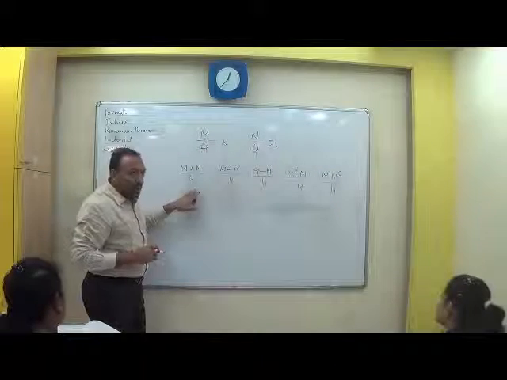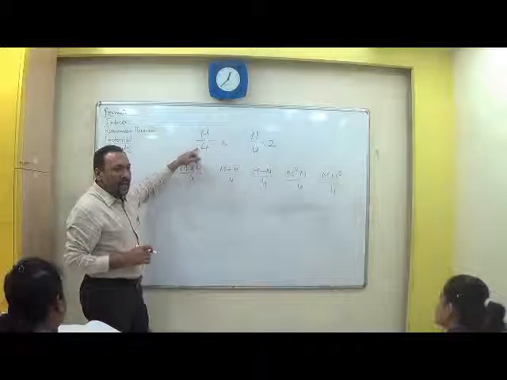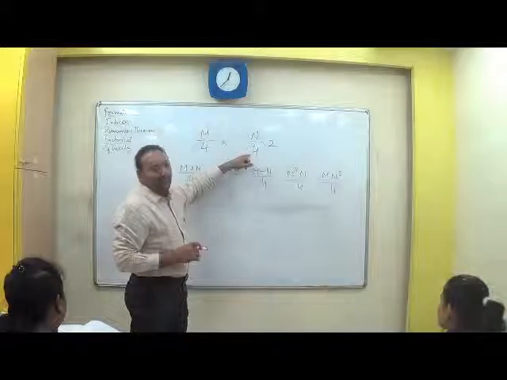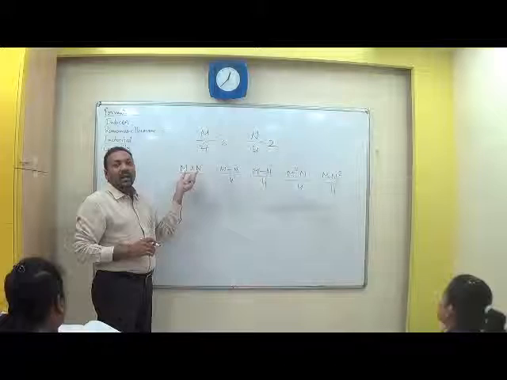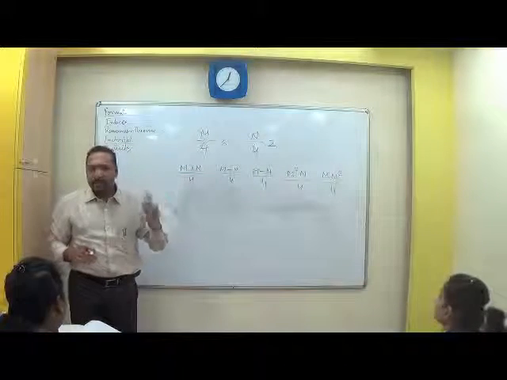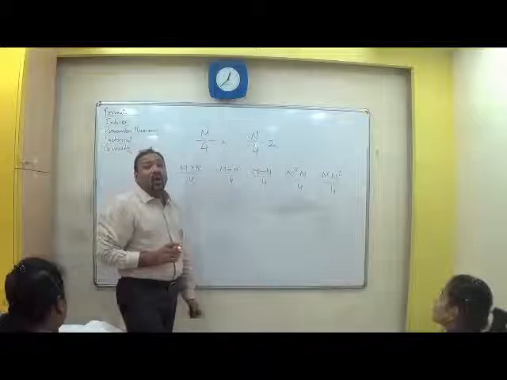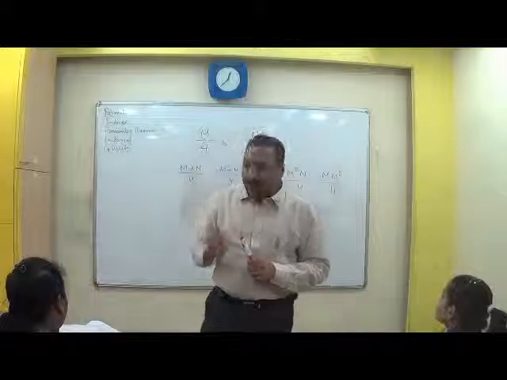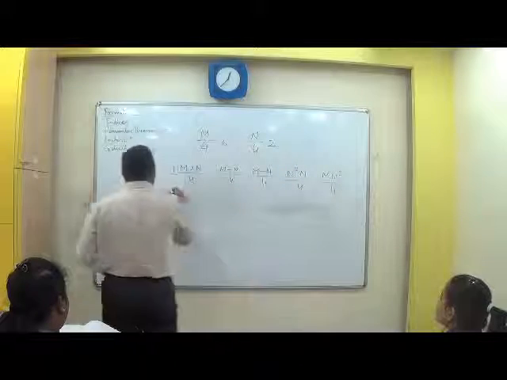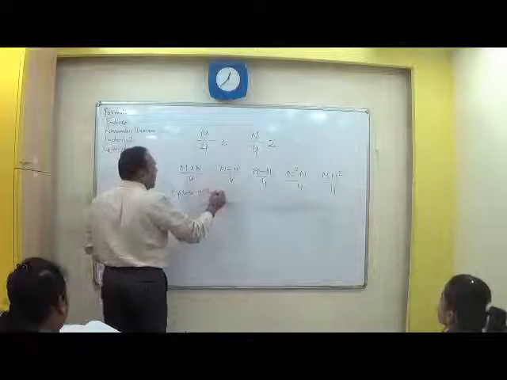I already know the remainder of m divided by 4. I already know the remainder of n divided by 4. Now I am supposed to find the remainder of any operation between m and n divided by 4. Remainder theorem says in this operation I do not require to know what m and n are. Simply replace the number with its remainder.